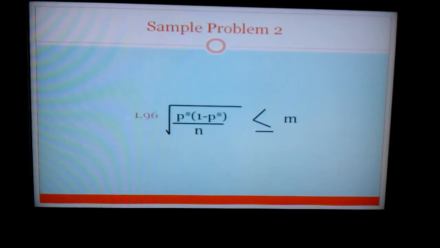We replace z-star with 1.96, m with 0.03, and p-star with 0.5. Then we multiply each side by the square root of n and divide by 0.03 to isolate n, and we solve the top.